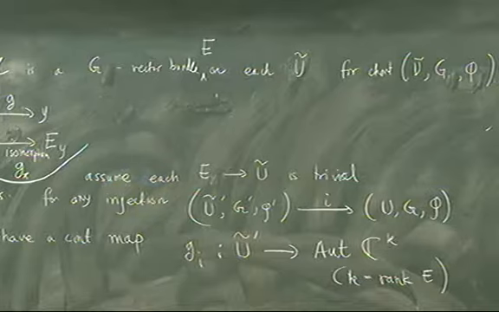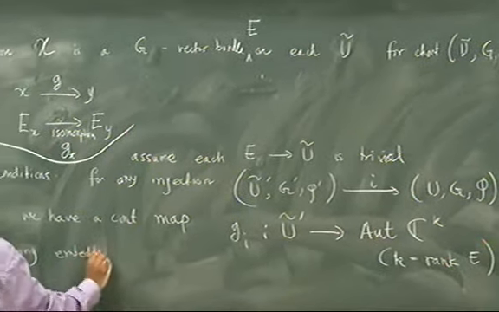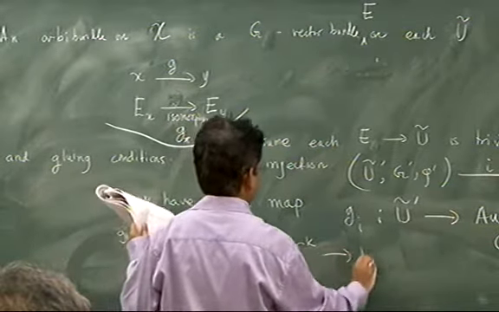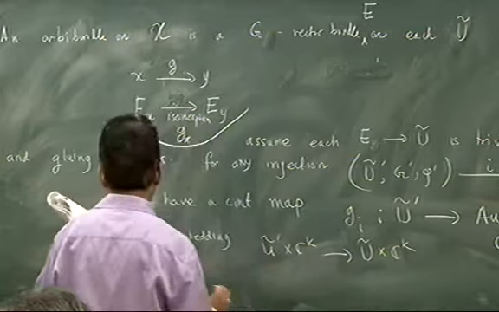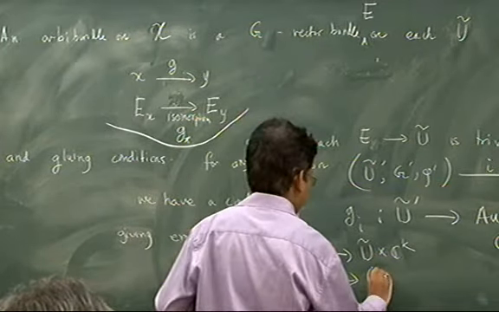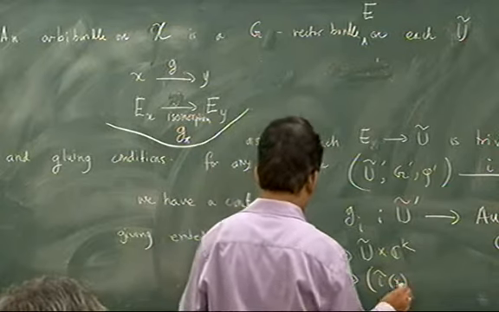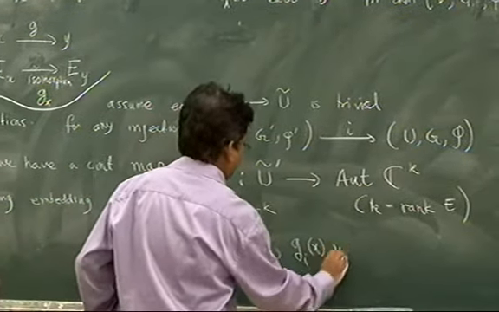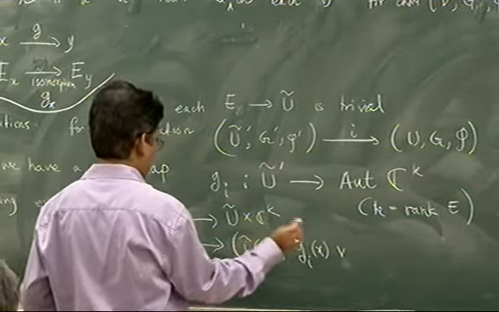So for every injection, it tells you how these fibers are being identified, such that the embedding U tilde prime cross C^k into U tilde cross C^k, x comma v goes to I tilde x comma G_I of x times v.